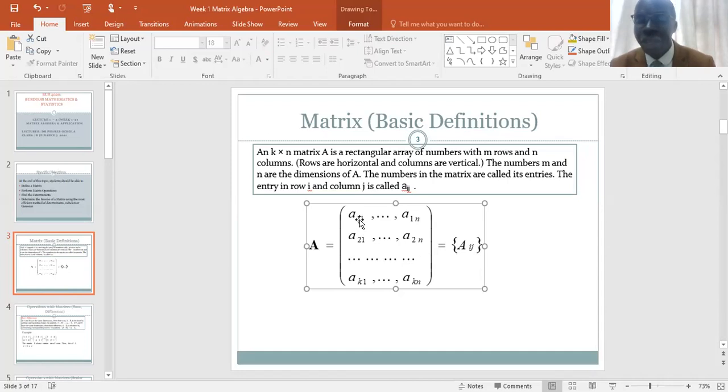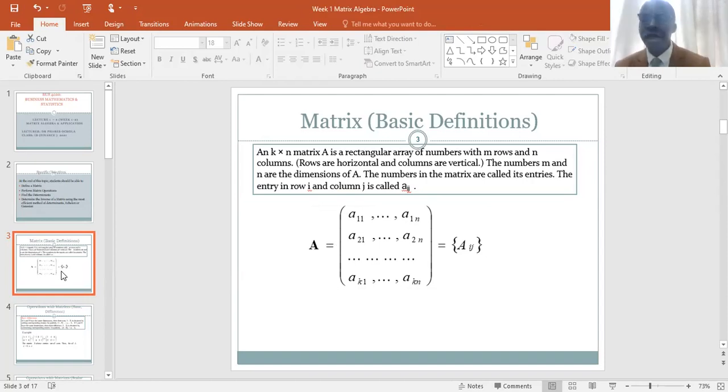So when i is 1, j is 1, it is A11. When i is 2, j is 1, A21. So these are column 1 elements. Then you have column 2 elements, then column n elements. Row 1 elements, row 2 elements, up to row m elements. k is m. That's what I've just told you. So that is the general form of any matrix.